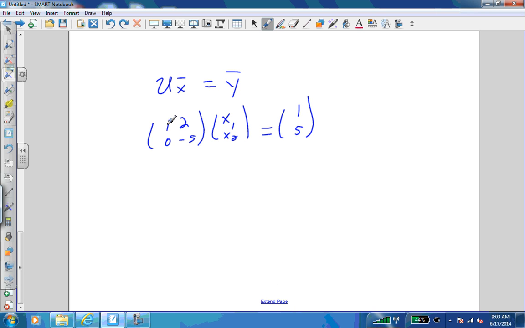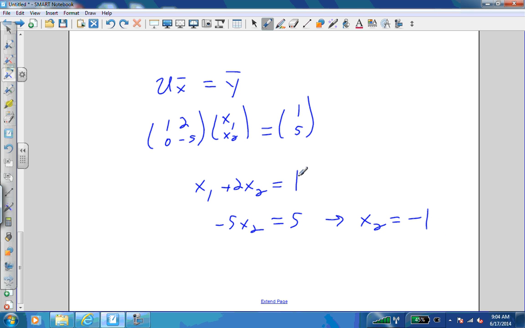So if we look at this and multiply this out, 1x1, 2x2s would give us 1. We multiply this out, we get no x1s, minus 5x2s is 5. So that tells us that x sub 2 is negative 1.